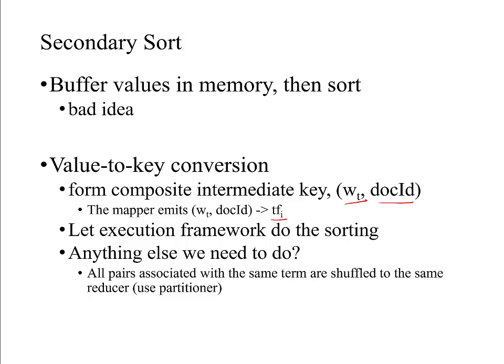We also need to guarantee that all pairs associated with the same term are shuffled to the same reducer. In order to do that, we need to use a partitioner. We have discussed partition and partitioner before. So we use a partitioner to make sure this happens. Then the reducer does not need to do the sorting by itself.